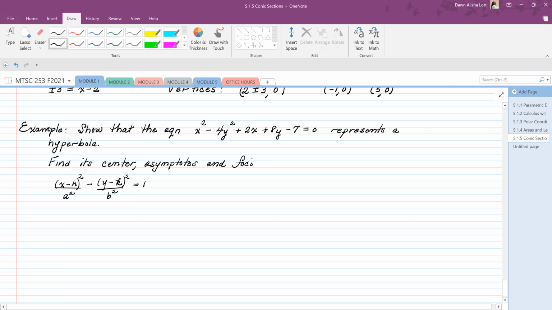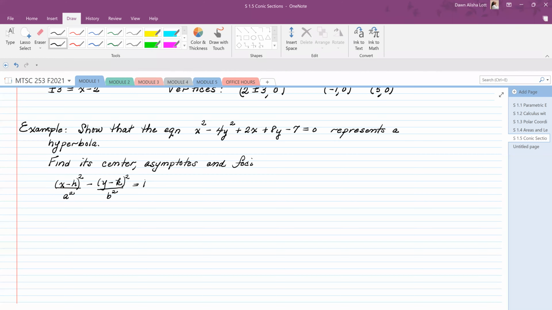So we need to get it into this standard form. And then after we get it into the standard form, we can find the center, the asymptotes, and the foci.